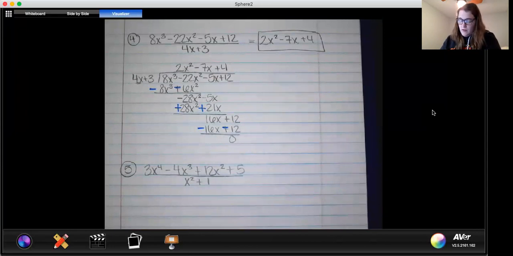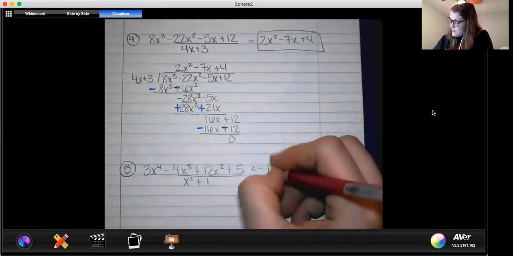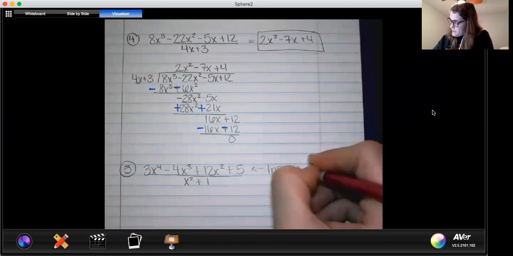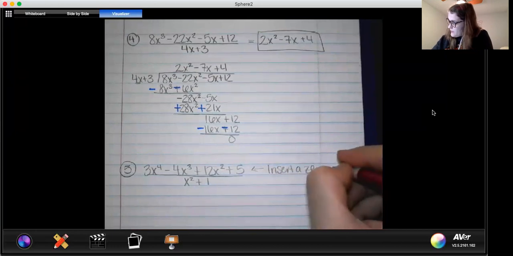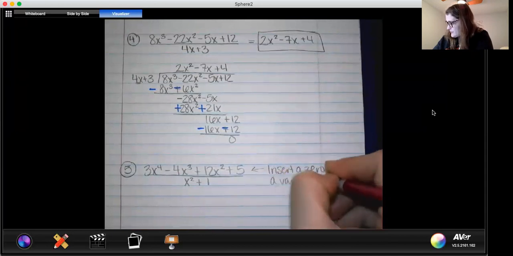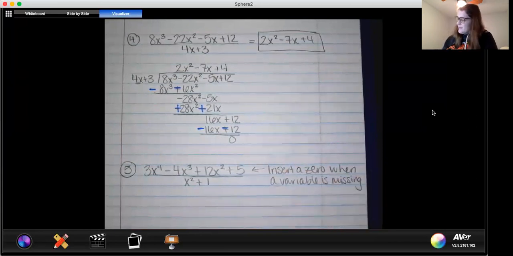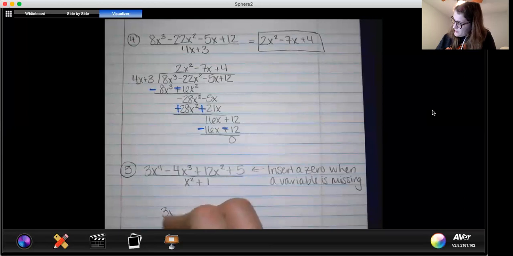So you always want to insert a 0 when a variable is missing. So that is 3x to the fourth minus 4x cubed plus 12x squared plus 0x plus 5.